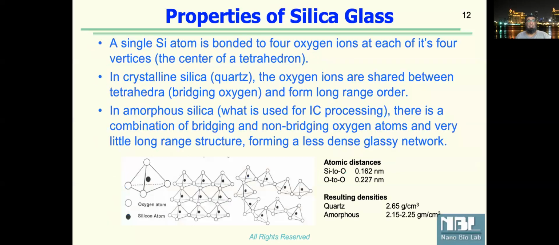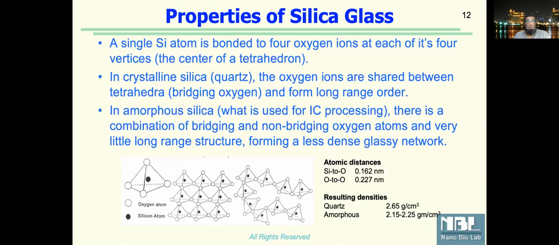Now, what is the difference between glass as we know it, like I have glass in my glasses, or glass of silicon dioxide that we grow on silicon wafer? The answer is in how the silicon and oxygen bonds are made in that material.